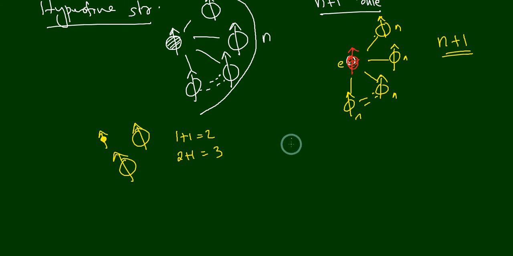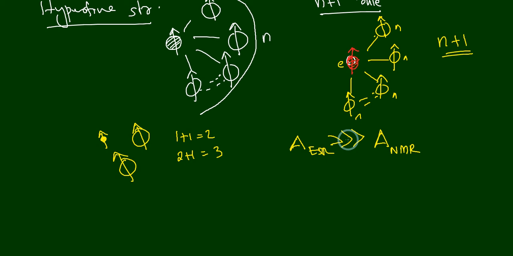You can see that the coupling constant that we observe in the ESR spectrum is much bigger than the coupling constant in the NMR spectrum. So the coupling constant in the ESR spectrum is much bigger than NMR coupling.